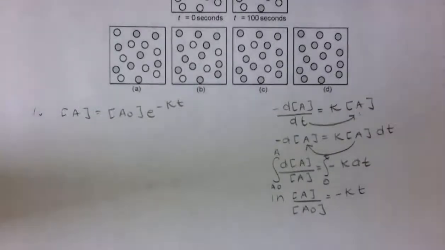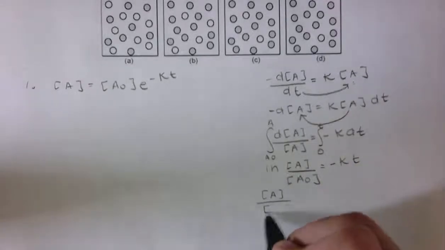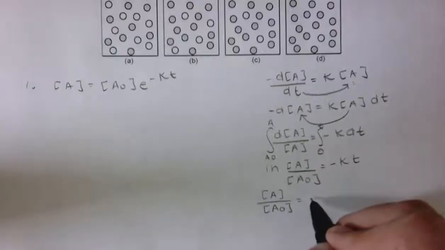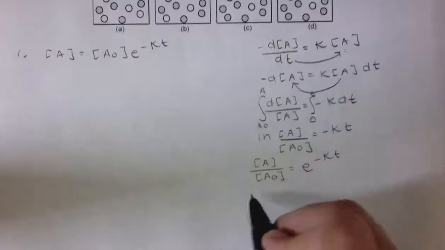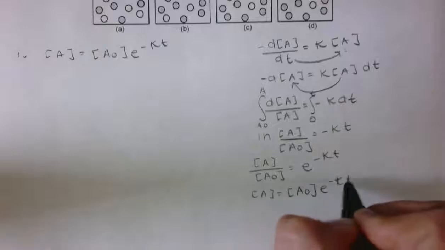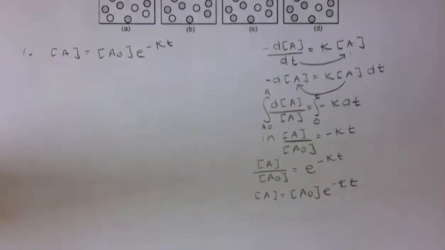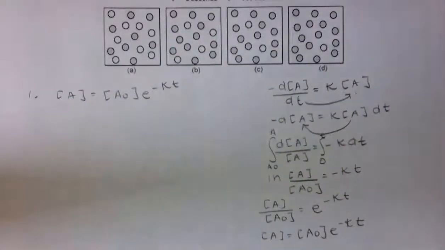So to eliminate this natural log, I'm going to end up getting that the concentration of A over the concentration of A naught equals e to the negative kt. And finally, that A equals A naught e to the negative kt. And if you want to memorize it, not comfortable with integrating, etc., definitely ignore this derivation, but I think it's helpful to know where this equation truly is coming from. So we have our equation for our first order reaction.